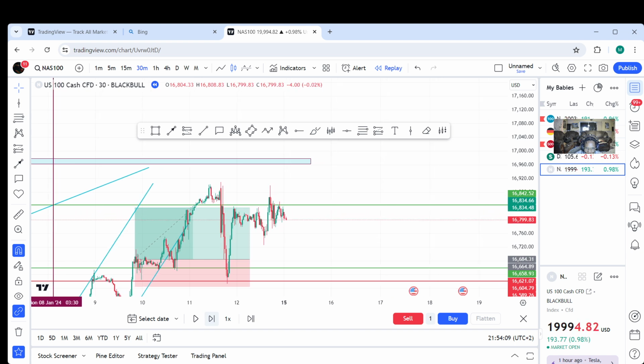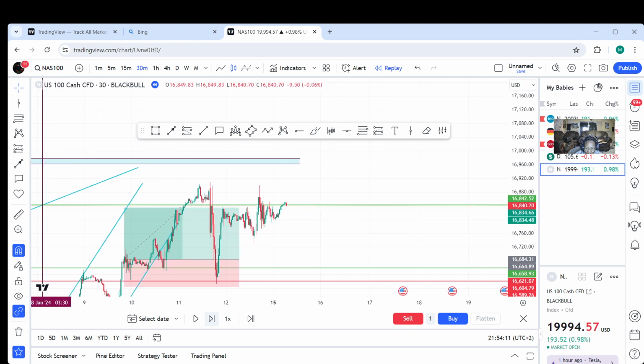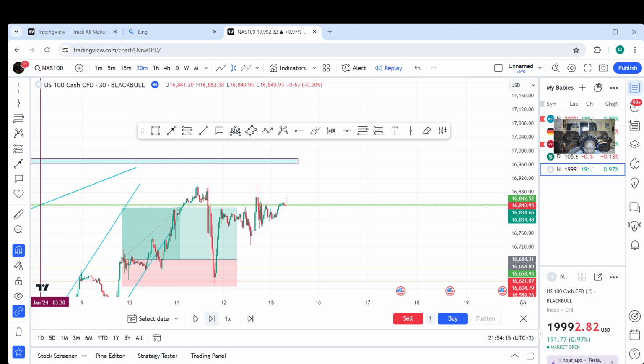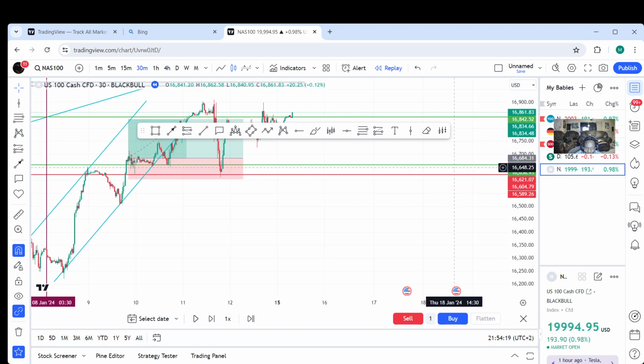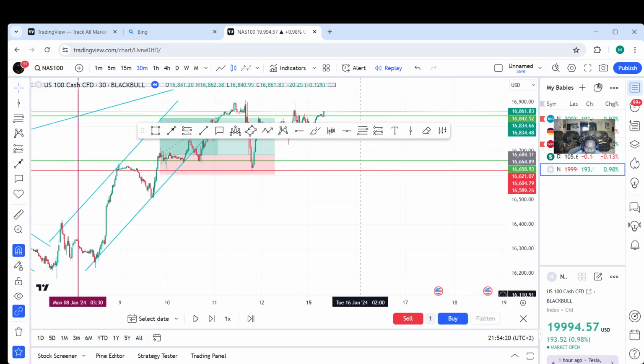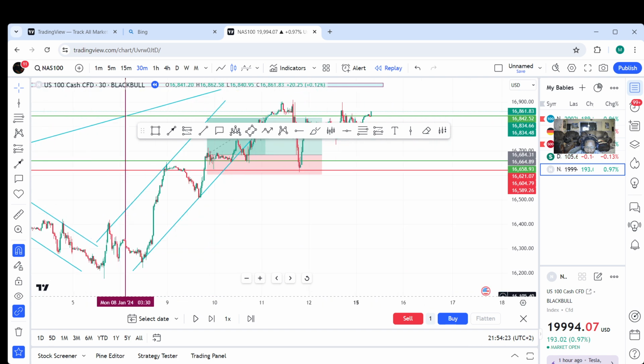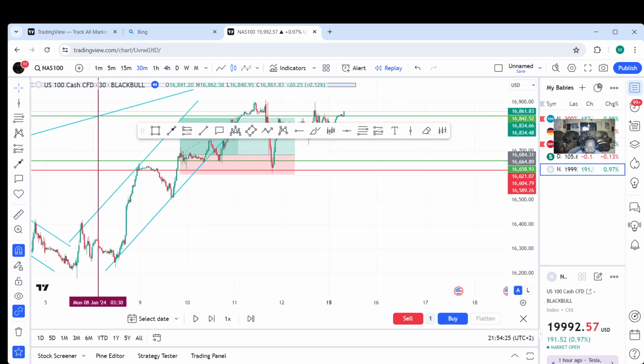The market is still playing below that level, maybe trying to get some liquidity. And there we go, guys, our literal next trade.